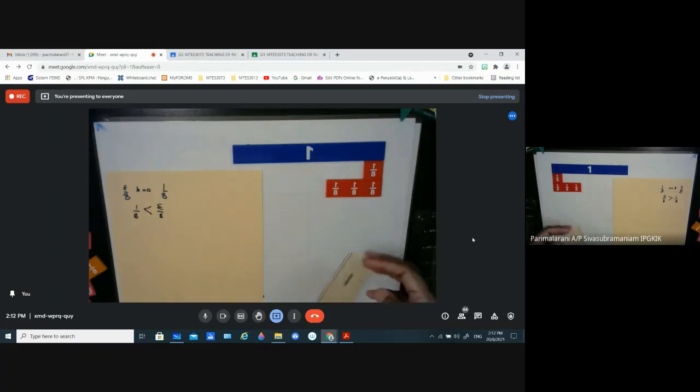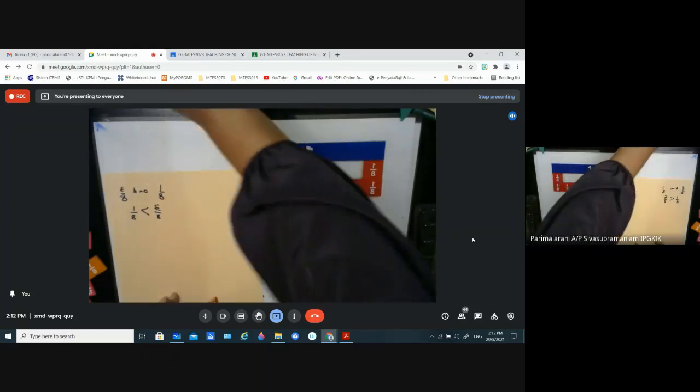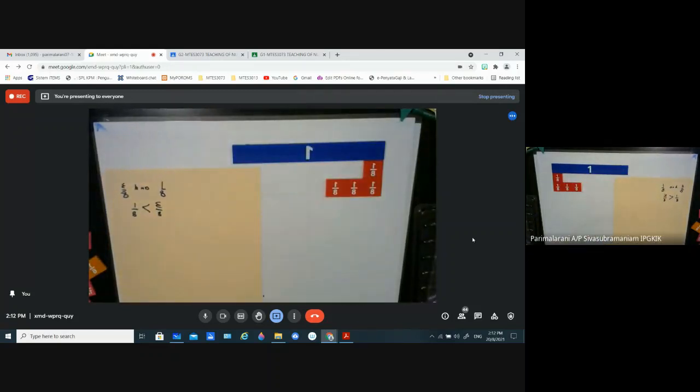So from here, what can we generalize? What is the rule that we can generalize from here? Anytime you compare fractions with the same denominator, what can you tell the child?